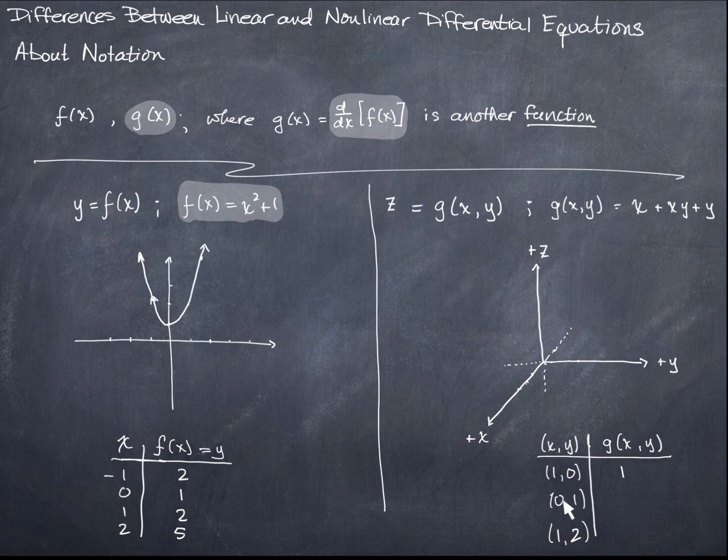Now, for my next pair of numbers here, I have x is 0 and y is 1, so I have 0 plus 0 times 1 plus 1, so I have another 1. And then for this one, I have x is 1 and y is 2. So I have 1 plus 1 times 2 plus 2. 1 plus 2 plus 2 is 5. So that's that value.